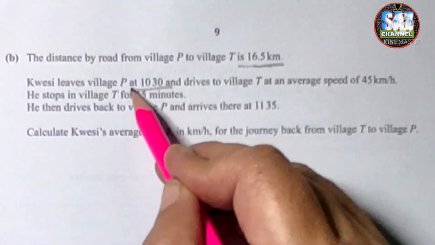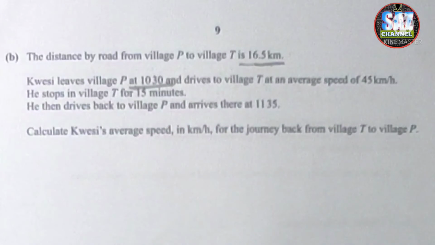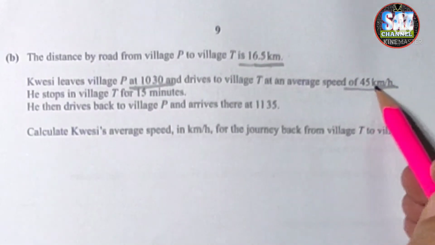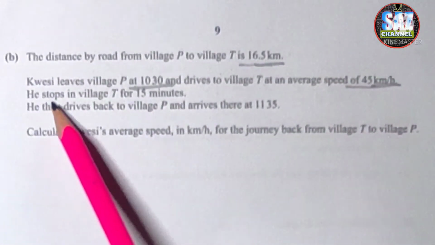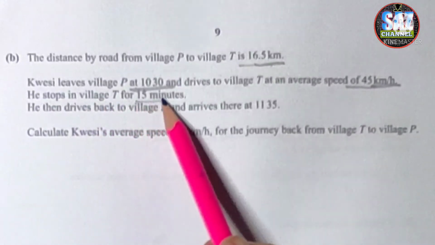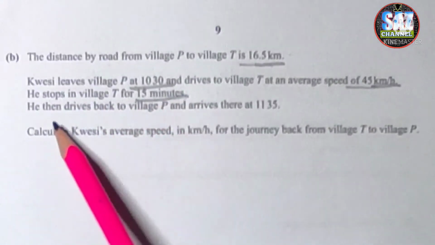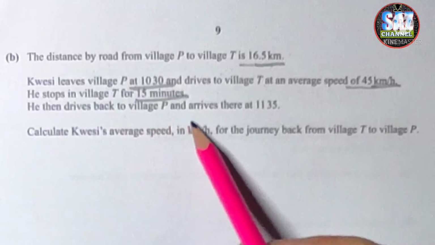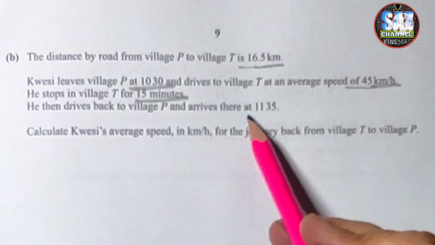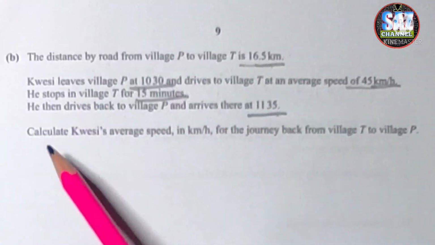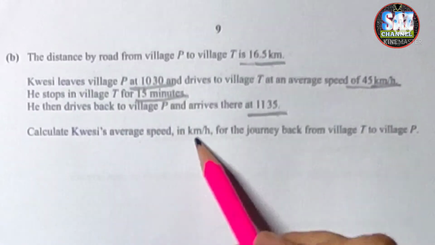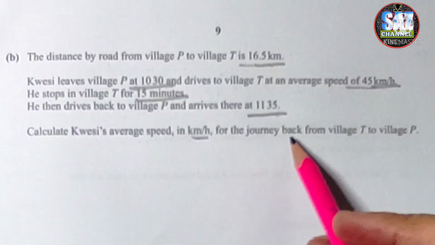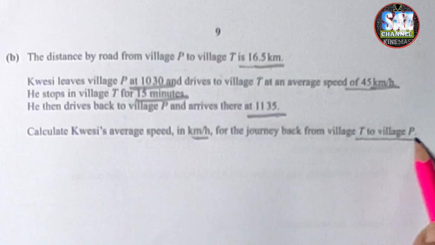Okay, departure time is 10:30 and the speed is 45 kilometer per hour. He stops in village T for 15 minutes. Okay, he then drives back to village P and arrives there at 11:35. Calculate his average speed in kilometer per hour for the journey back from T to village P.